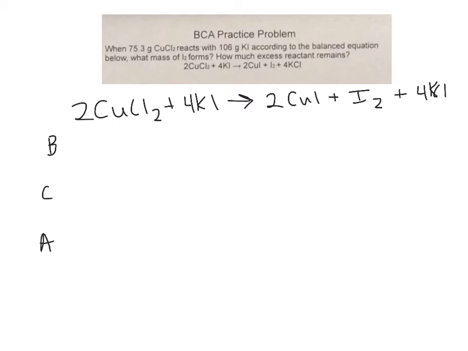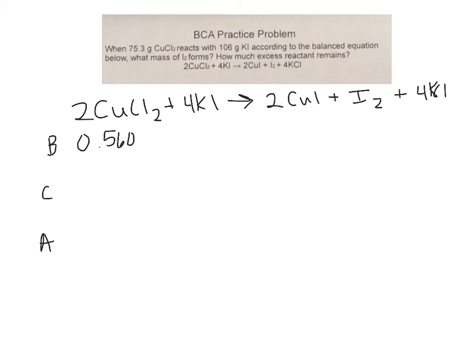If we do that, I'm using a molar mass of 134.45 for the copper 2 chloride. I have calculated the moles that I have before the reaction takes place to be 0.56. So I'm putting that here as before. And we have 106 grams of potassium iodide, and I'm also going to convert that into moles.